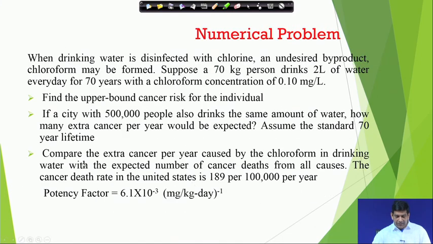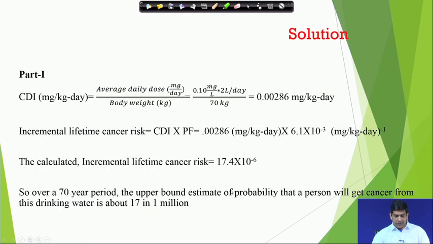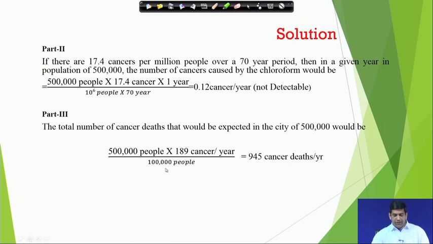We compared the extra cancer per year caused by chloroform in drinking water with the expected number of cancer deaths from all causes. The cancer death rate in the United States is 189 per 100,000 per year.